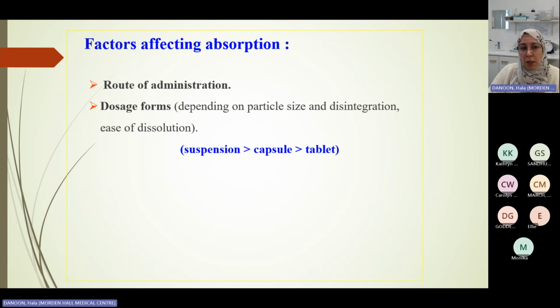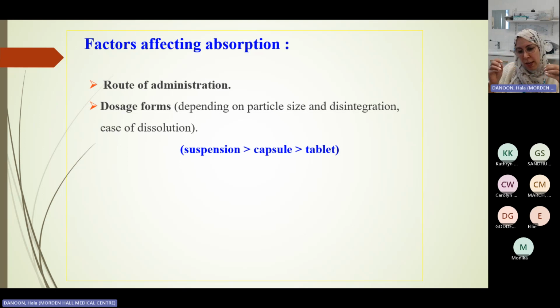Dosage forms as well, because it's very much dependent on the particle size, the disintegration, and the dissolution of these particles. So, for example, a suspension might be easier to absorb than tablets or capsules. It's the way that the medication is made, the other excipients, and whether the body needs to break it down.